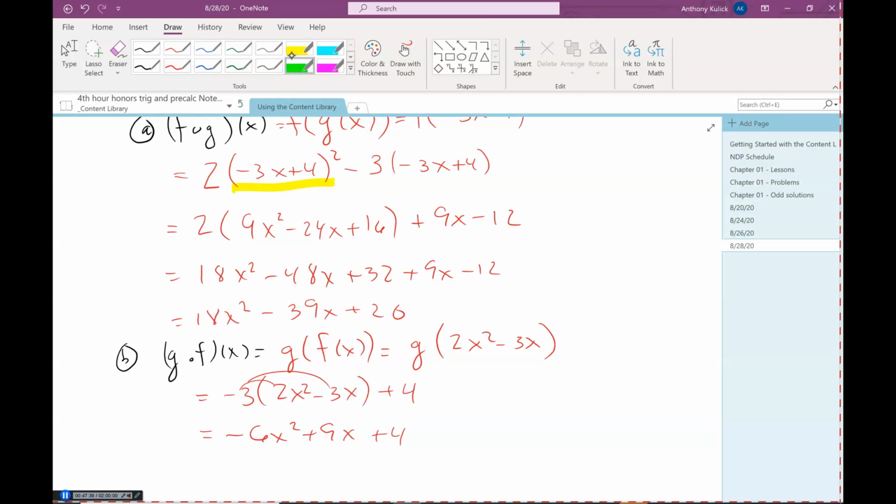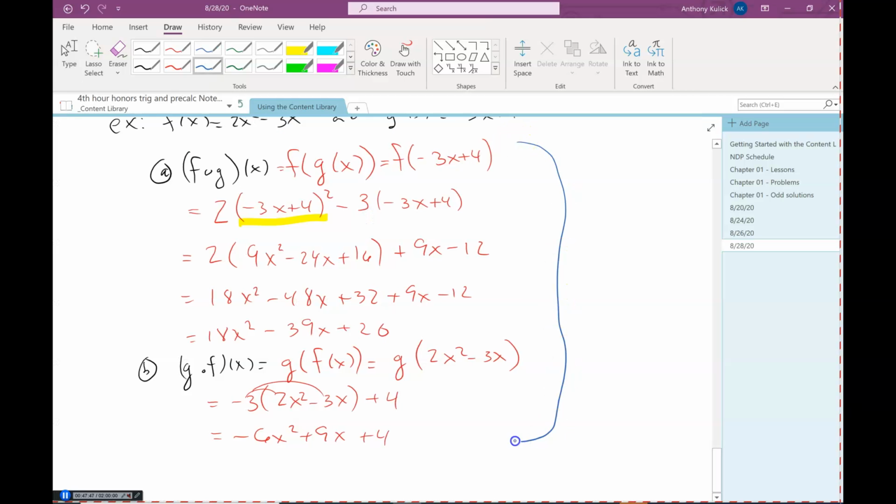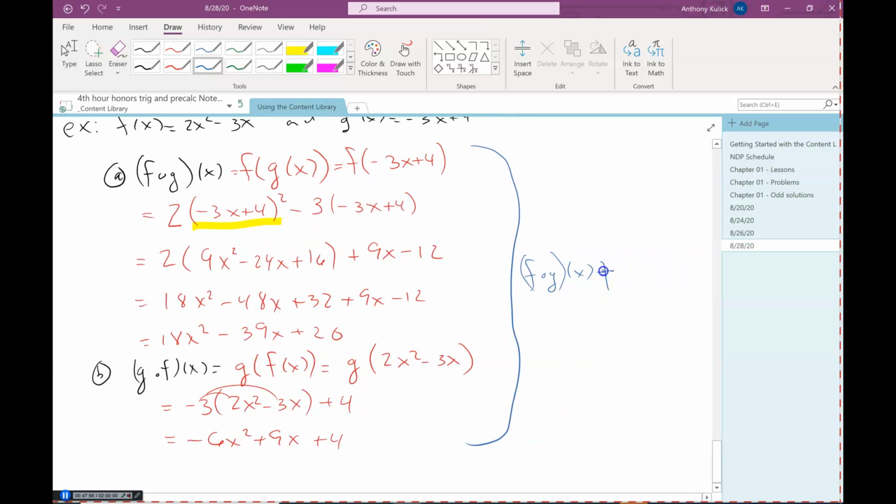Look at examples A and B. What do you notice? Those are not the same thing, right?